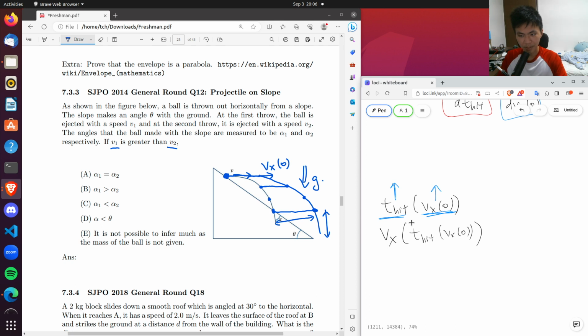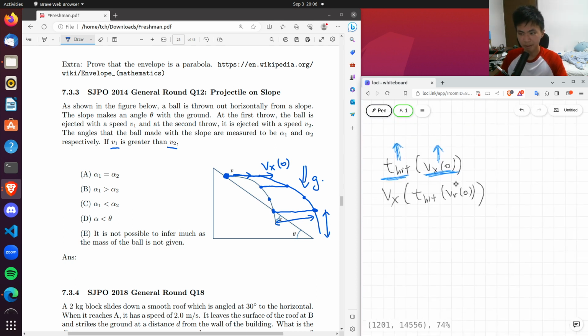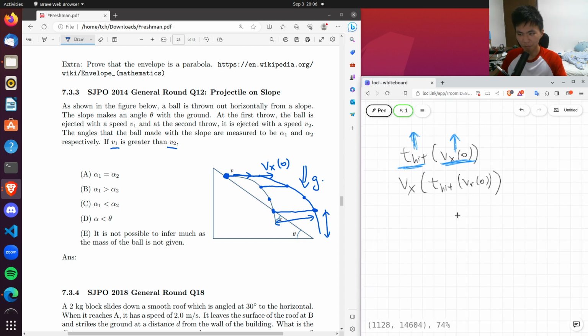How exactly it changes, we currently do not know. But at least we know that increasing the initial velocity will increase the time it takes to hit the ground. Okay, so that's a simple observation. I just wanted to warm you guys up, so this dependence qualitatively is very obvious.